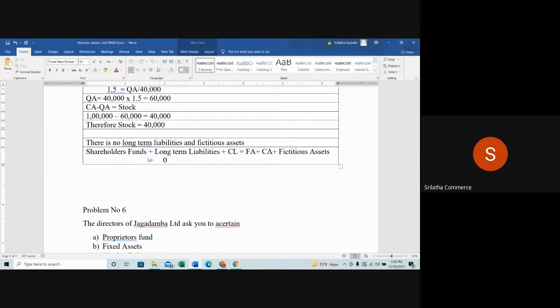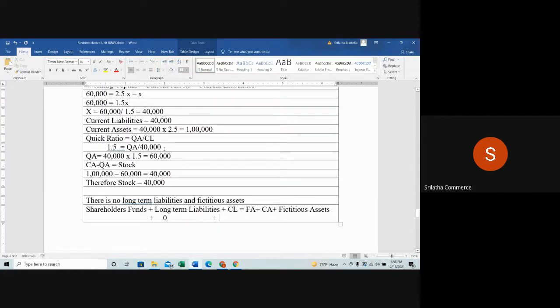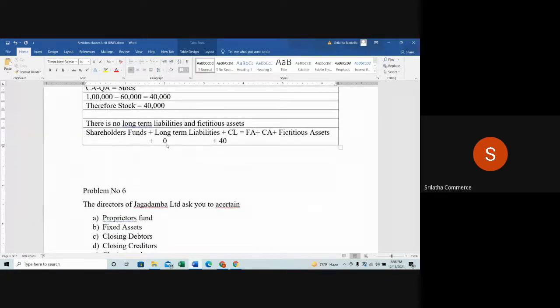Then current liabilities are how much? That given amount. Current liabilities, how much we got? 40,000. Yes. 40,000 is equal to, we do not know fixed assets.